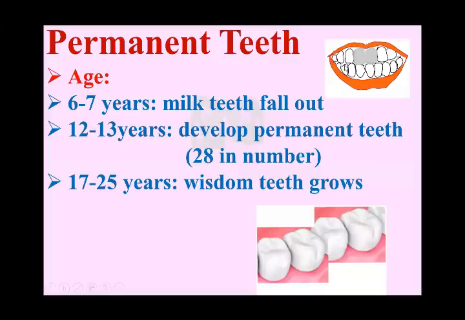Now the next topic on which we will focus is permanent teeth. As was told earlier, temporary teeth or milk teeth do not remain there for long. So at the age of 6 to 7 years, milk teeth fall out, and the process is shown here.